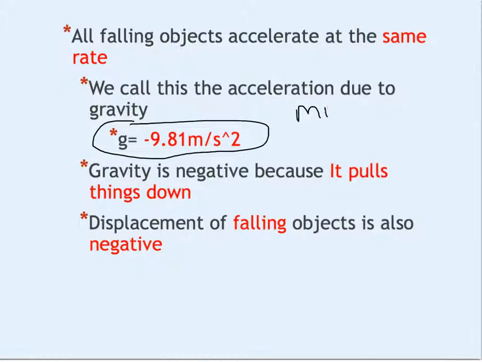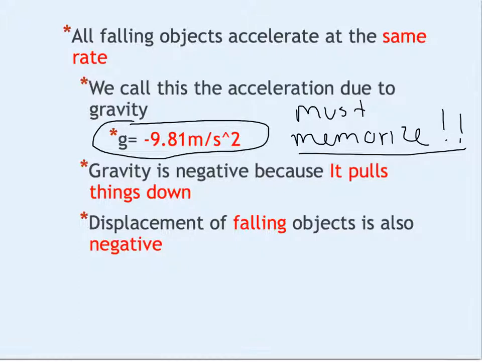You must memorize this number. Absolutely positively must memorize. You will not be provided this number on quizzes or tests. You must memorize that the acceleration due to gravity is symbolized with a lowercase g and is the number negative 9.81 meters per second squared.